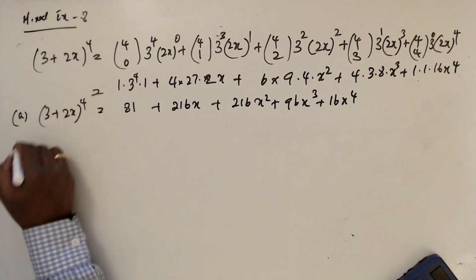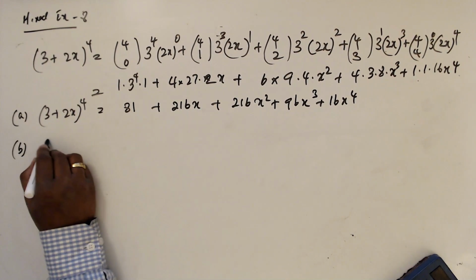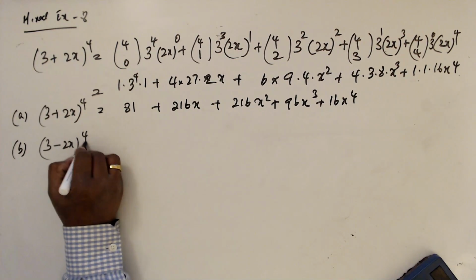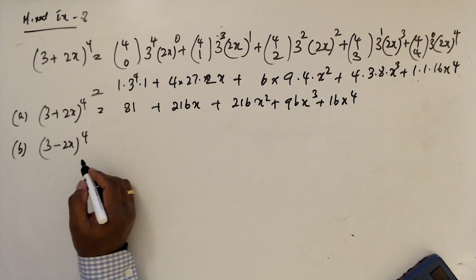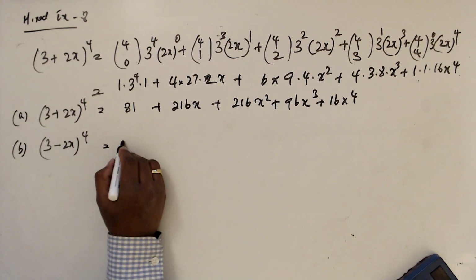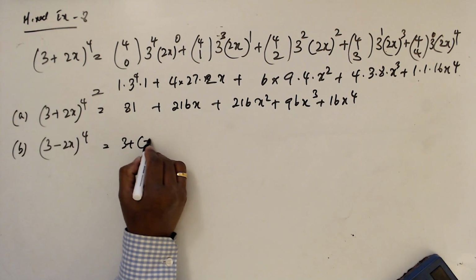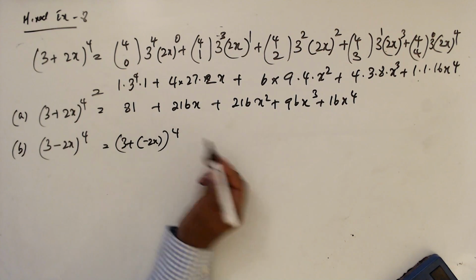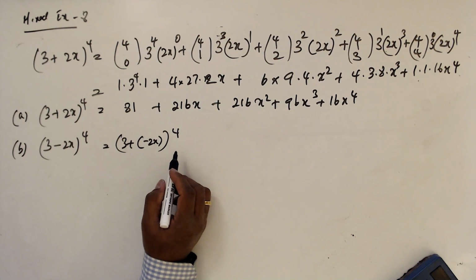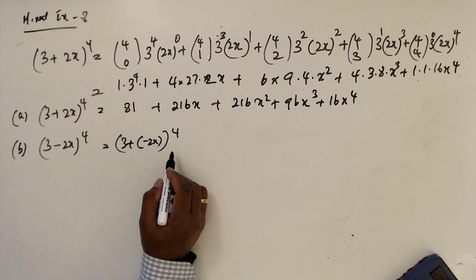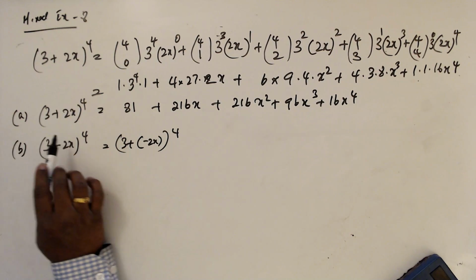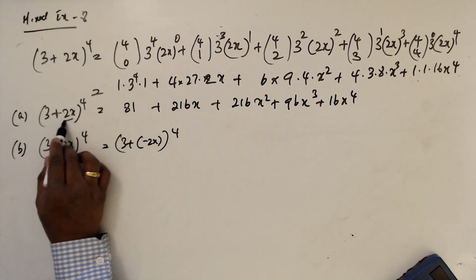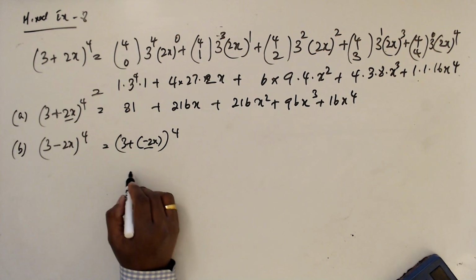Part A. Part B, we need to find 3 minus 2x to the power 4. It means 3 plus minus 2x to the power 4. Now I have the expansion of 3 plus 2x. Now 2x becomes minus 2x.